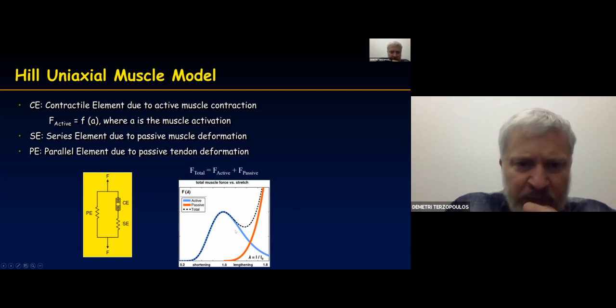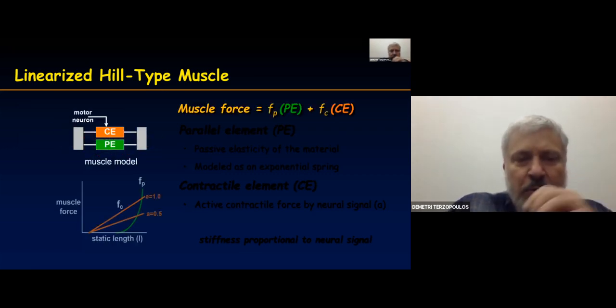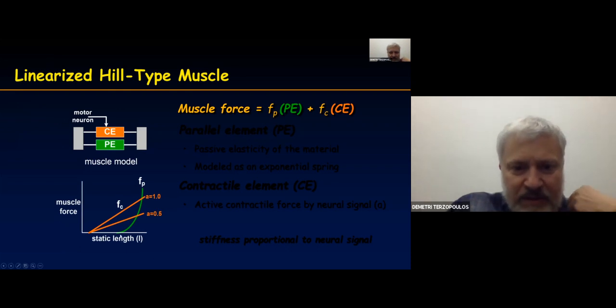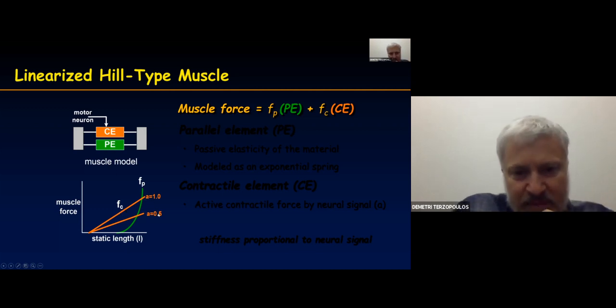We use a simplified version of this, or have been in the past, which is a linearized version of the Hill model. We have the passive part over here, as before, the exponential elastic part. And then the active part is a linearized version, which has a different slope depending on the muscle activation. This is like a stiffness. The slope represents the stiffness of the muscle, and the stiffness depends on the activation coming in.